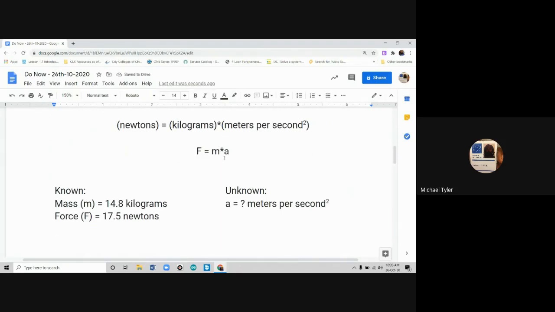What's our strategy? How do we figure this out? Well, we're going to use what the class is called physics with algebra. So we're going to use a bit of physics, which we did. We set it up, the equation. Now it's the algebra part. So strategy is solve for the acceleration using algebra.